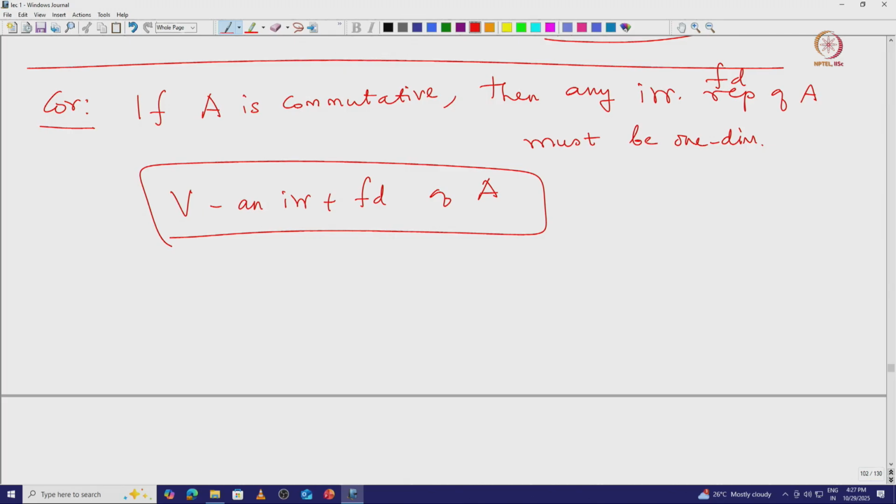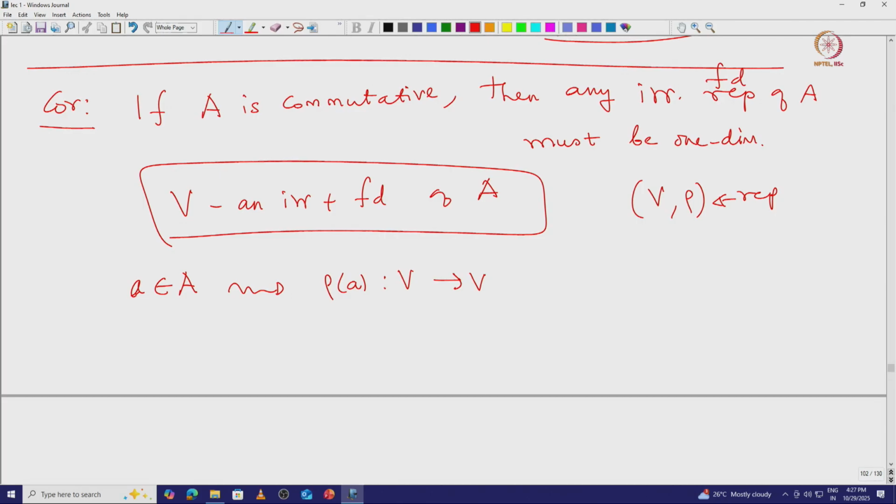Now, we can take any a in capital A and look at its action. Let us say (V, rho) is the given representation. Then from this a we have rho of a, which is a map from V to V. We are going to prove that rho of a is indeed a homomorphism of representations.